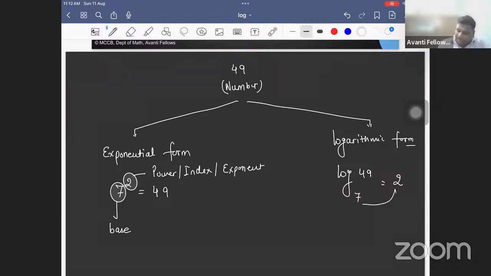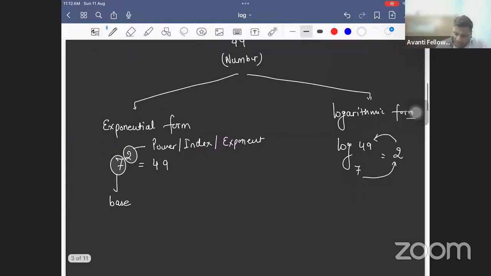That means 7 to the power 2 will become 49. So it is log 49 base 7. That means if I see log x base a is n, this implies a to the power n is equal to x.